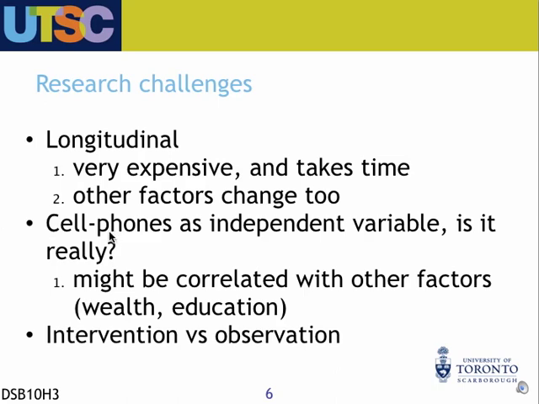Now, when we talk about independent variables, basically, if we assume that there's a causal factor, we assume that something has caused something else. We call the variables that are causing something to happen independent variables, and we call the variables that we think have been changed dependent variables.